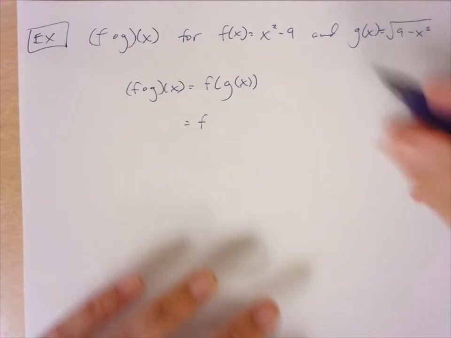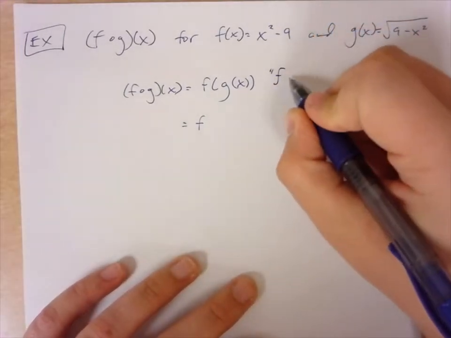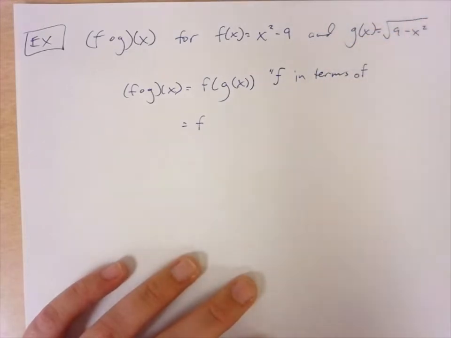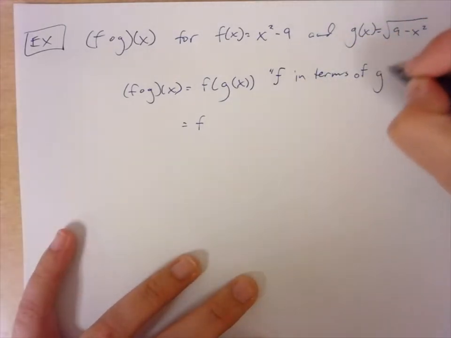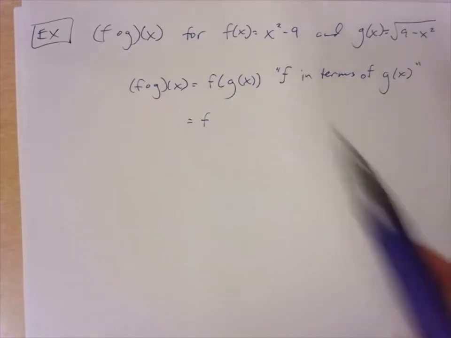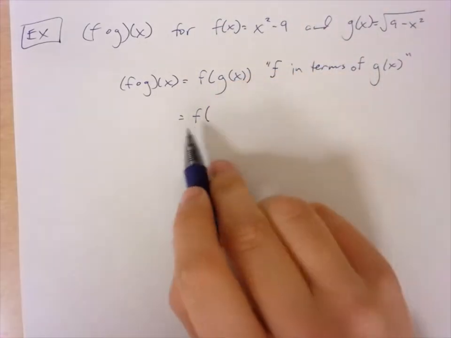Let's actually write that out. The function f in terms of g of x, or in terms of just g. And that's going to be useful for when you're asked to do word problems, to really understand what composite functions can help you find. All right, let's continue with this.